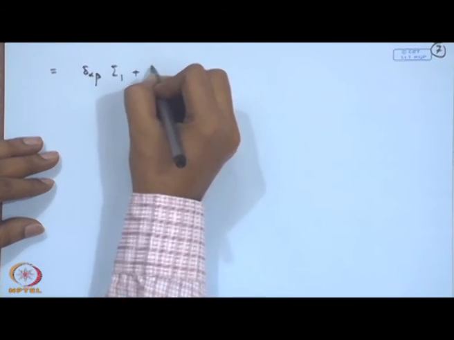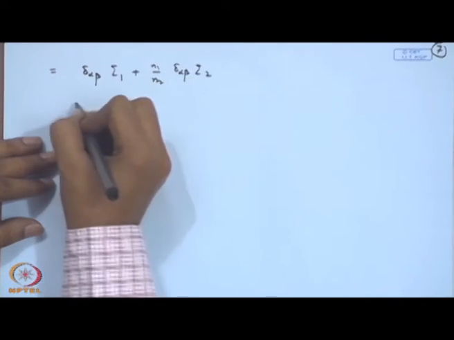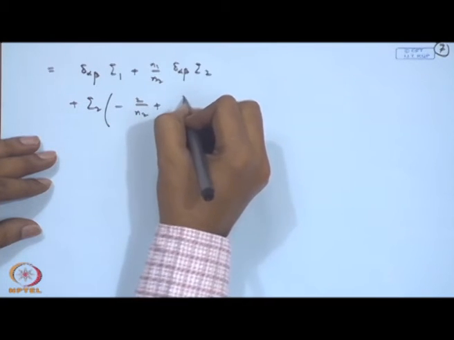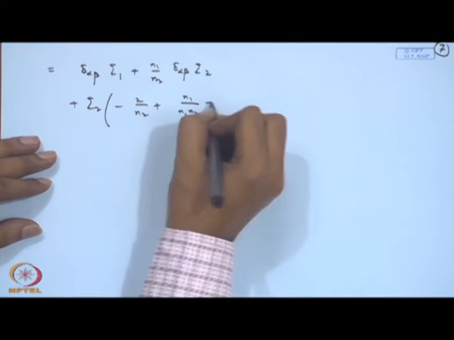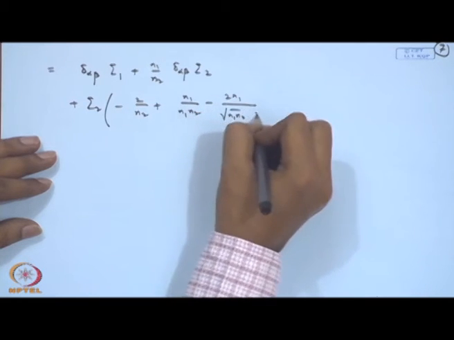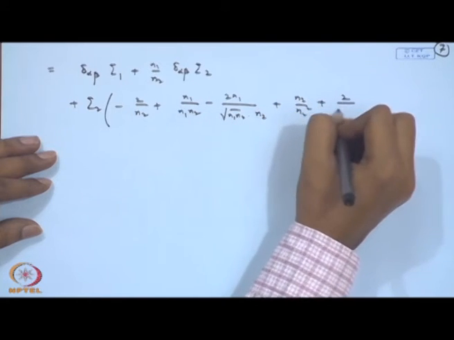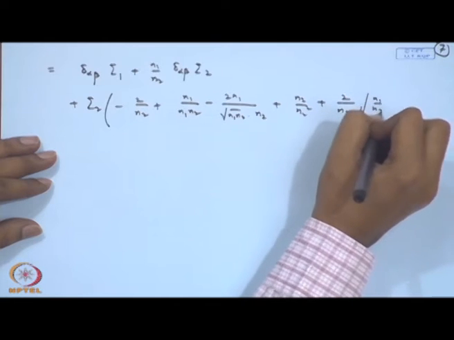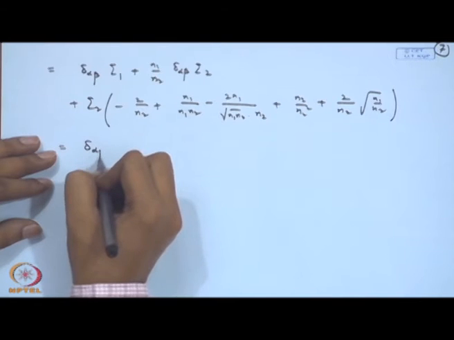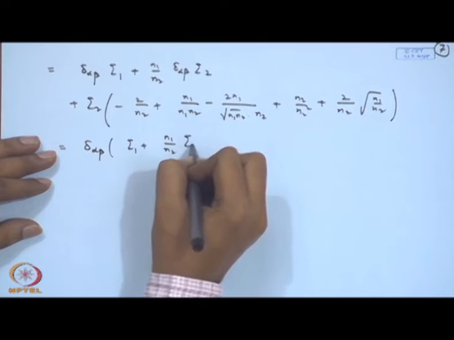Sigma_1, plus n_1 by n_2 delta alpha beta Sigma_2, plus Sigma_2 times terms in 1 by n_2 and n_1 by n_1 n_2 and n_2 by n_2 square. After simplification I get simply delta alpha beta Sigma_1 plus n_1 by n_2 Sigma_2.